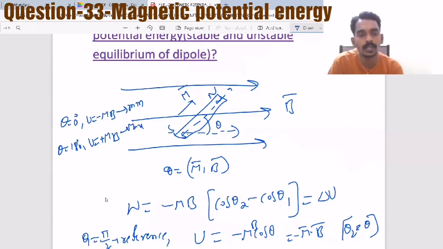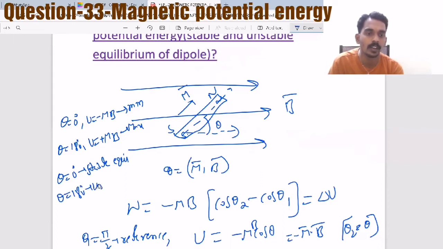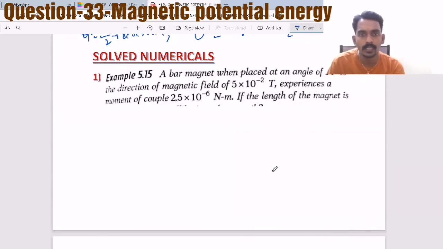Minimum means stable equilibrium, maximum means unstable. Theta 0 means stable equilibrium and theta 180 degrees means unstable equilibrium. So this is what we need to understand about the dipole. Based on this they can ask the question.